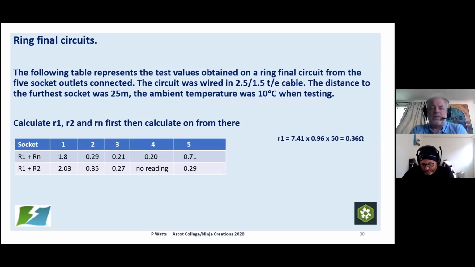So if you look at our table, table B2, it tells us to apply a factor of 0.96. It's colder, so a lower resistance. So we got 2.5, which is 7.41. Multiply that by the 0.96. Multiply that by the 50 meters. We should have a little r1 value of about 0.36.